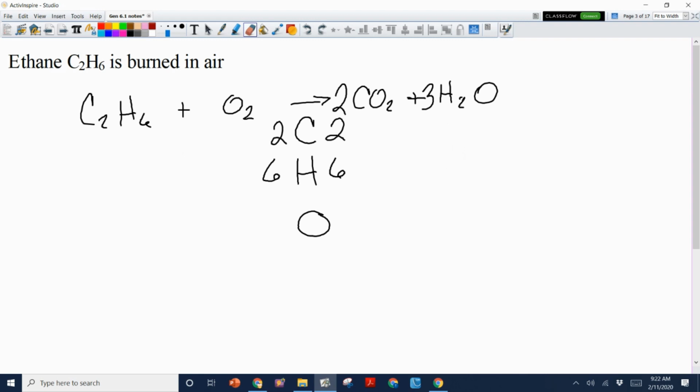What you have to look for is sometimes there's going to be the same element in two different compounds. Like, for example, over here, we could have had... it's not really hydrogen that gets tricky, it's the oxygen.